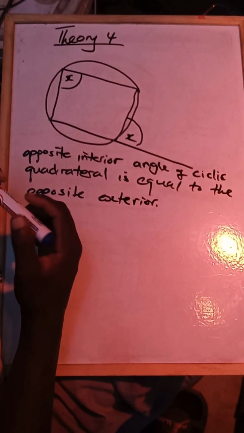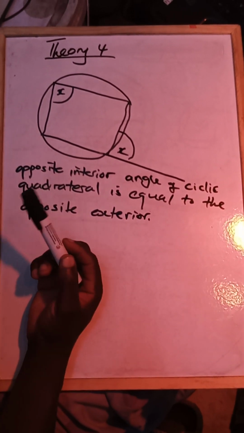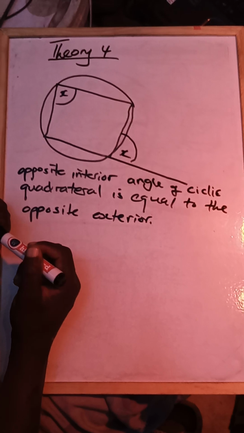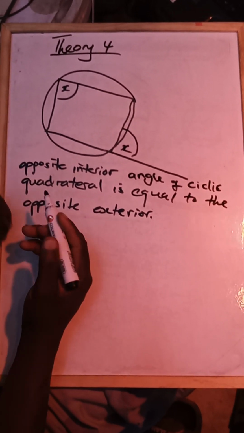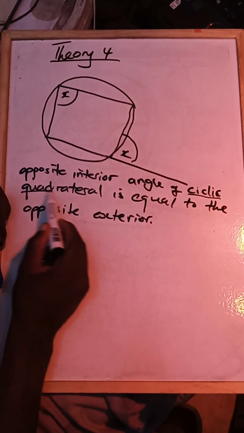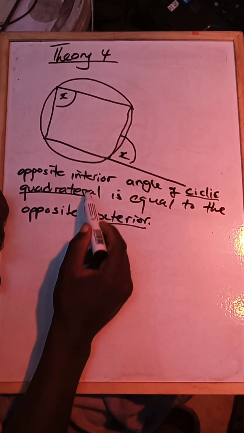Right, now we are going to theorem number 4. It states that the opposite interior angle of a cyclic quadrilateral is equal to the opposite exterior angle.